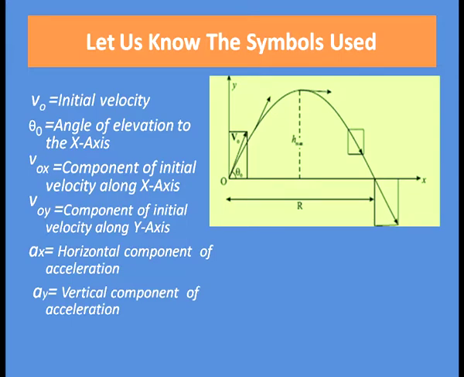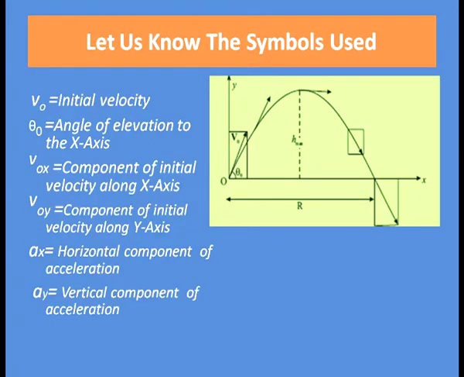Let us assume that the initial position of the projectile is at the origin O at t equal to 0, that is, time equal to 0 when you are starting the observation. As you know, the coordinates of the origin are x equal to 0 and y equal to 0.